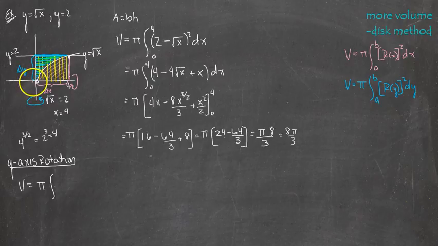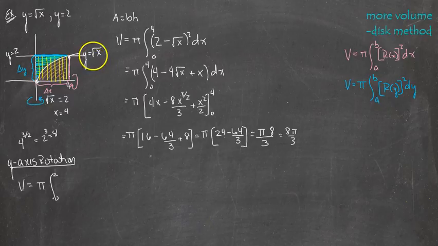So my bounds of integration then are from 0 to 2, and my function is just whatever this curve is from the perspective of the y-axis, which means my f of y. Well, that's easy enough to figure out. If y equals root x is my f of x function, right?